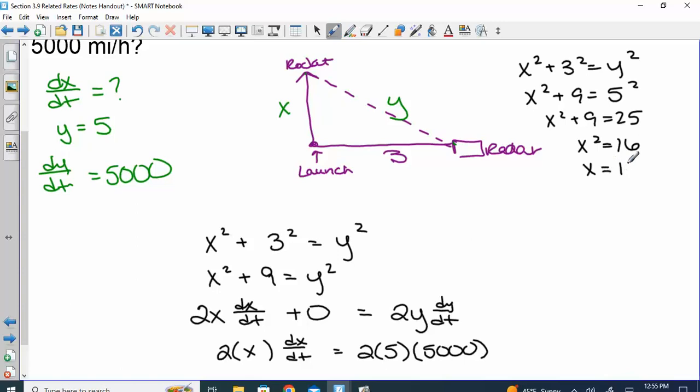So at this instant in time, when my y is 5, my x has to be 4. So I wasn't told the x, but I had all the tools I need to find it.